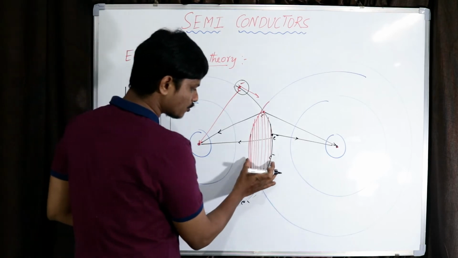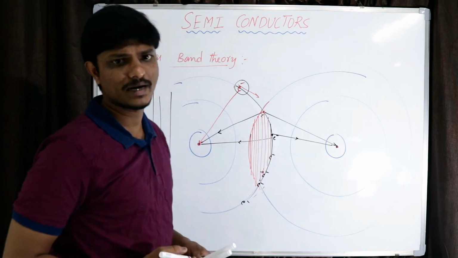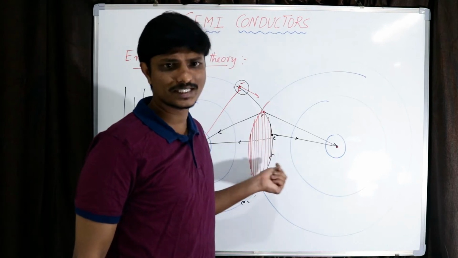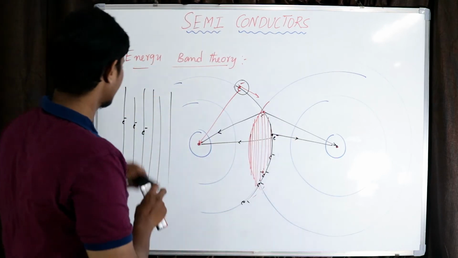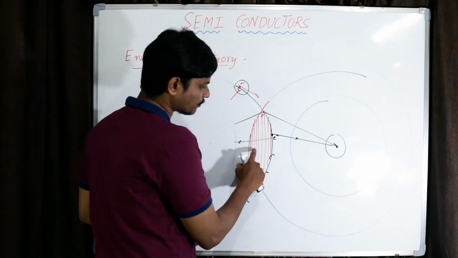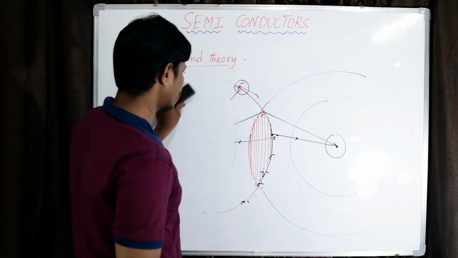In between these two valency layers, there will be literally thousands of energy bands. So many energy bands will be there, and we are going to discuss them. I hope you understand why electrons possess different amounts of energy when they are located at different places, right?